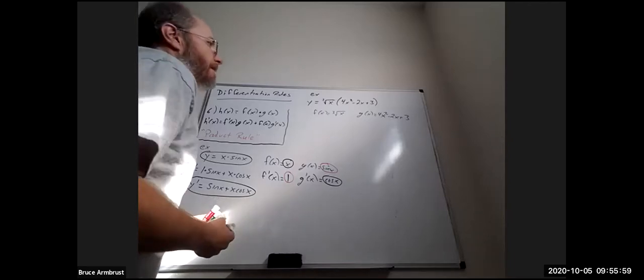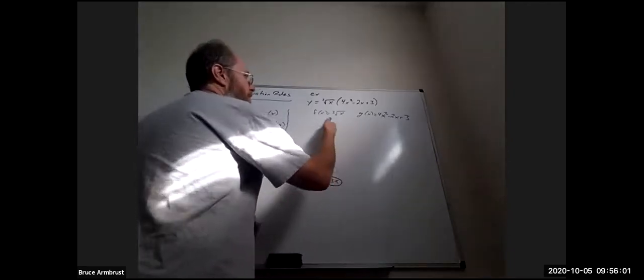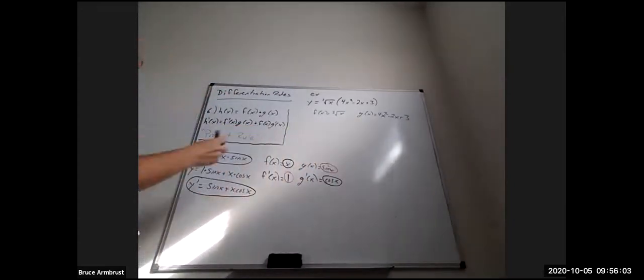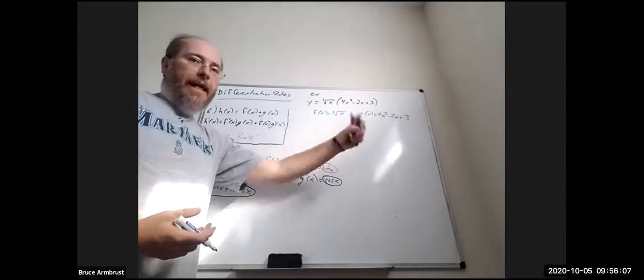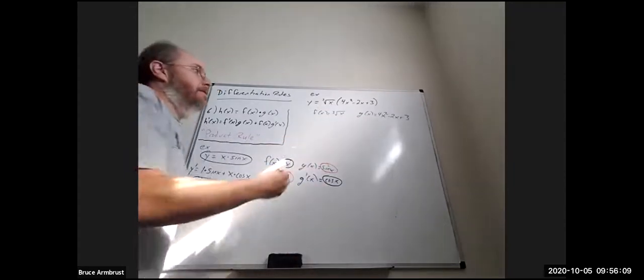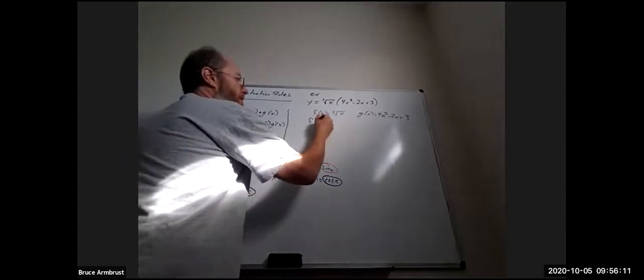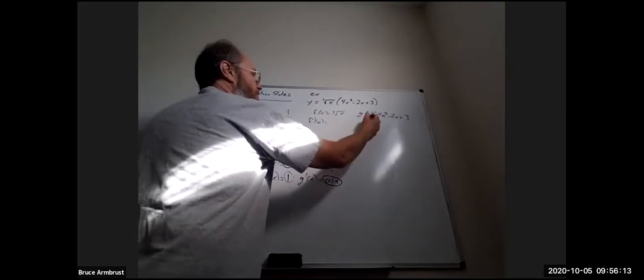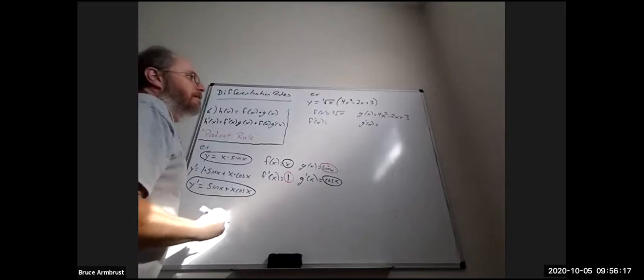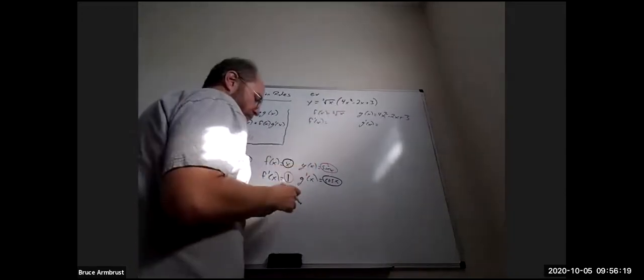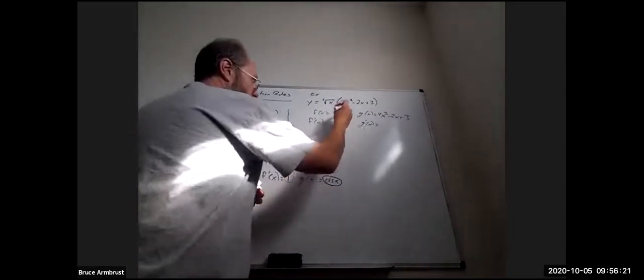All right. So now what we need is the derivative of each one of them. So my process when I do this, I start with the two functions, and then I jump right to getting their derivatives. So I'm going to write f prime of x equals and g prime of x equals. I'm going to find those. So this one, think of that cube root as x to the 1/3.